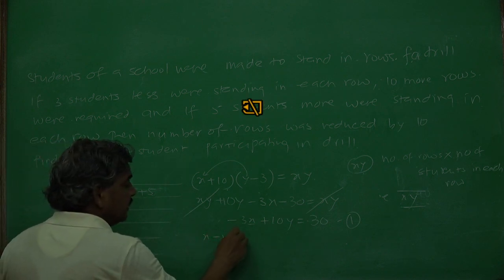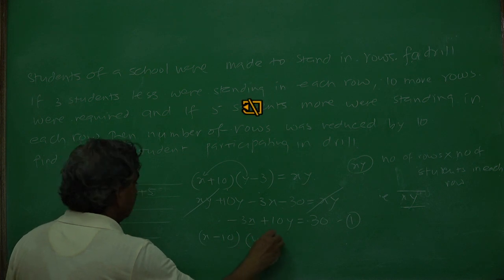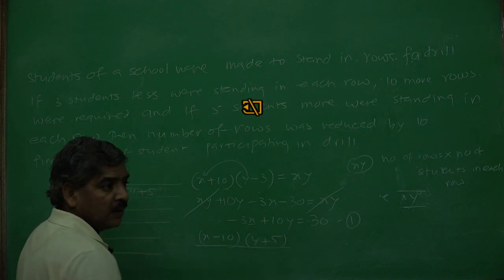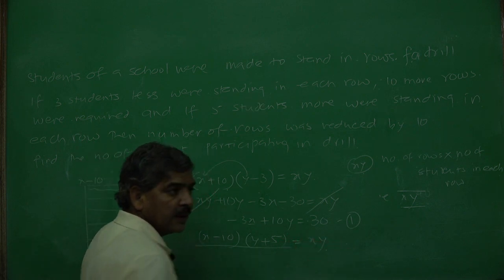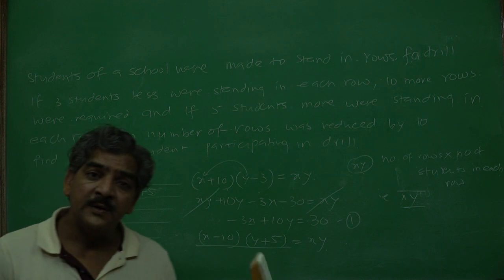X minus 10 into Y plus 5, this is the total number of students, and that is equal to X into Y.